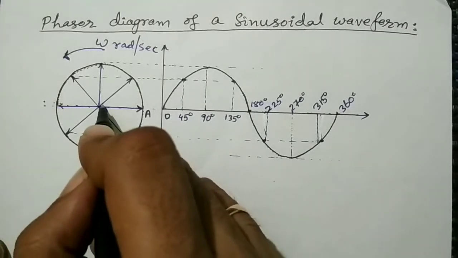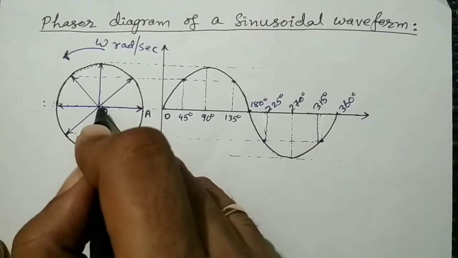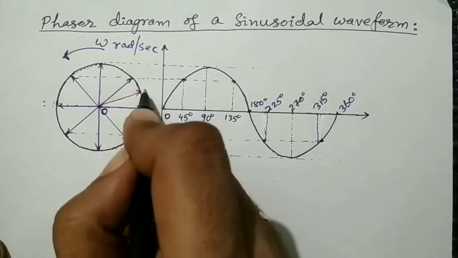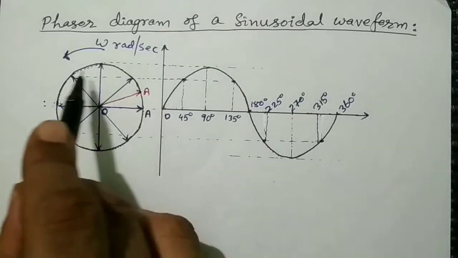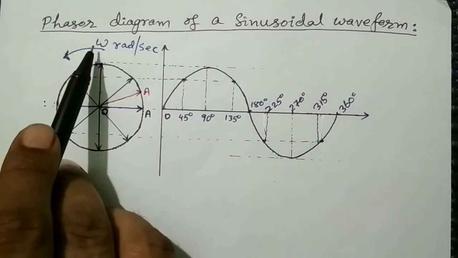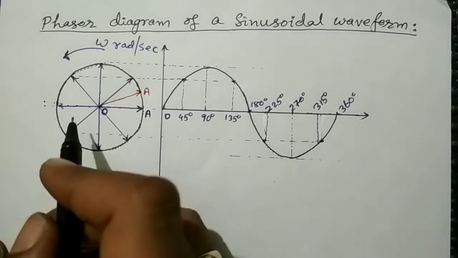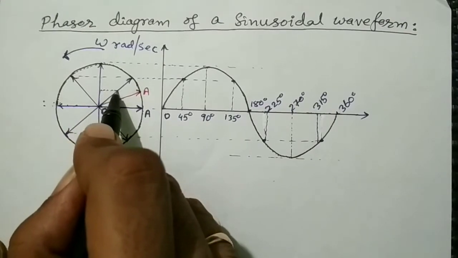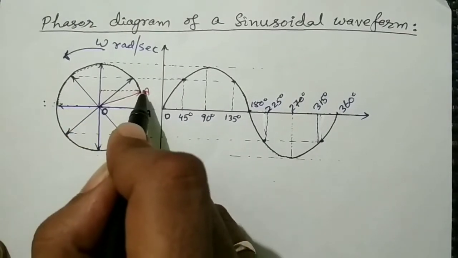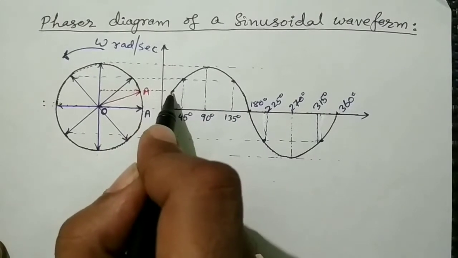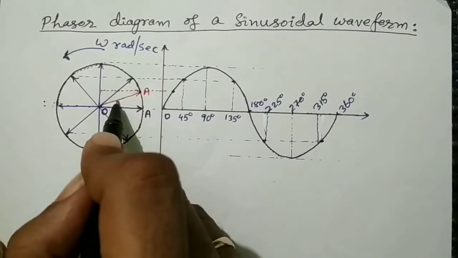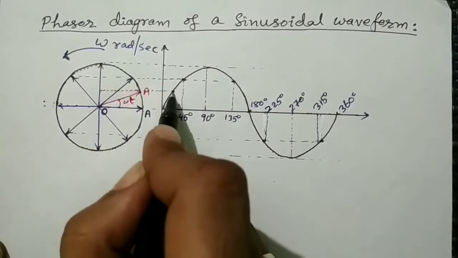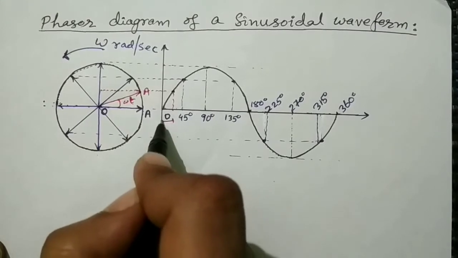That means, let's say after some time, the position of the line is here, O and A. It is rotating in anticlockwise direction with a velocity of omega radian per second. So if we project the value in the y-axis, we will get this value, and its angular position is represented as omega t.